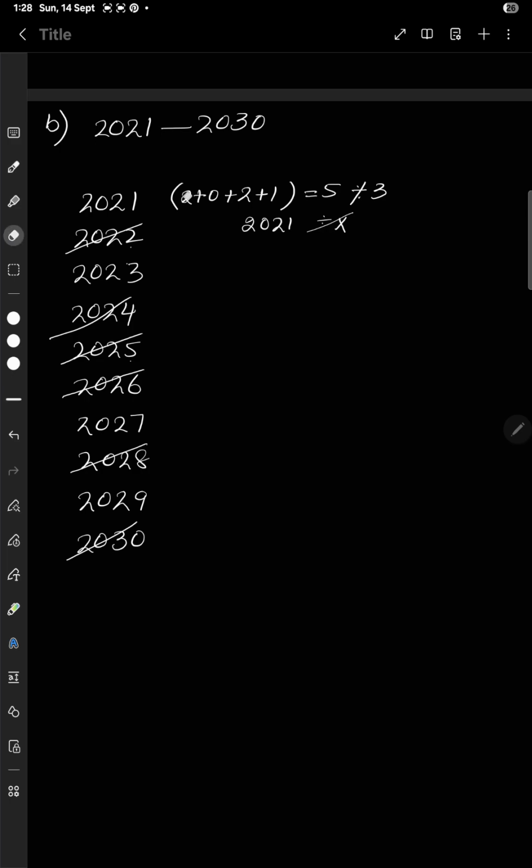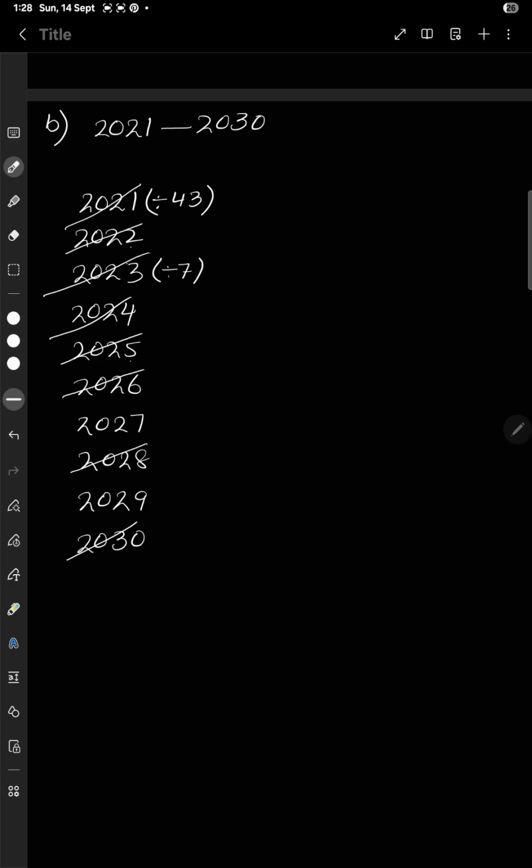So let's check with some other number. 2021 is divisible by 43, which is a prime number. So as it is divisible by 43, it will not be a prime number. 2023 is divisible by 7. This number is divisible by 7, so it will also not be a prime number.